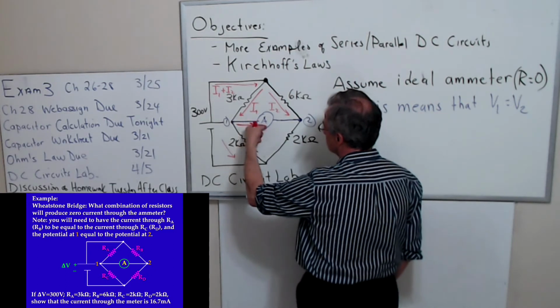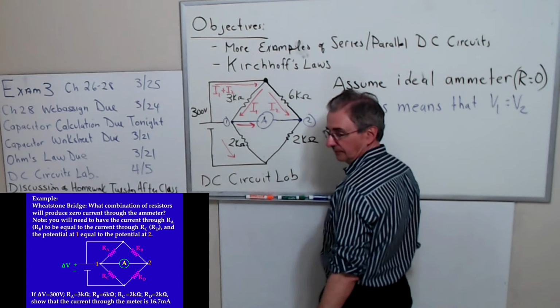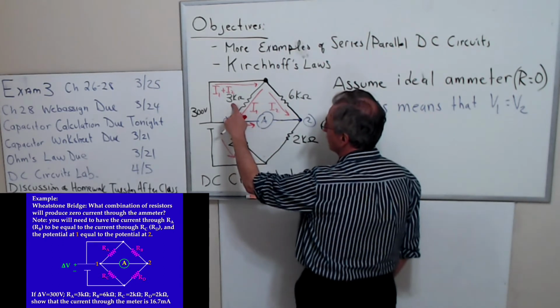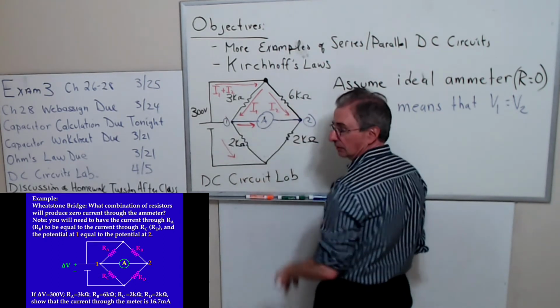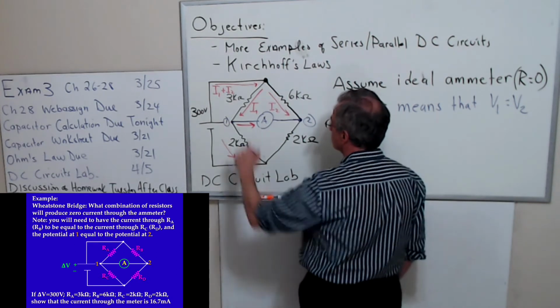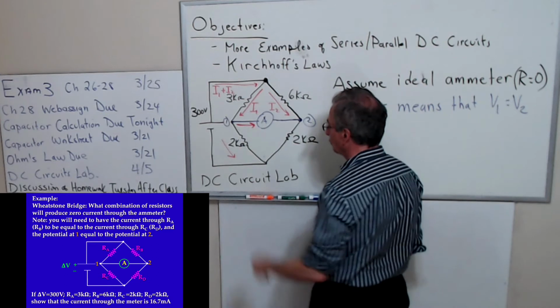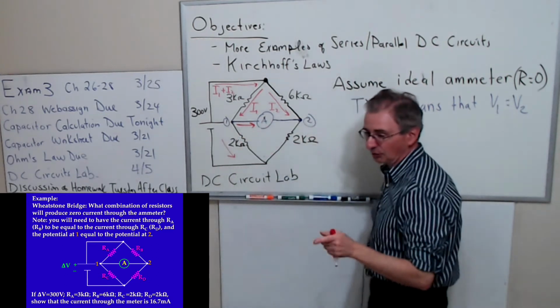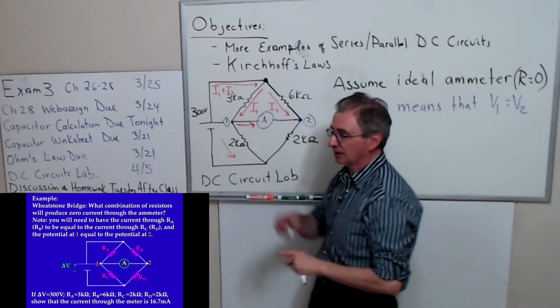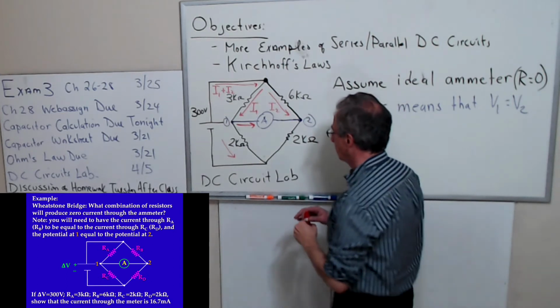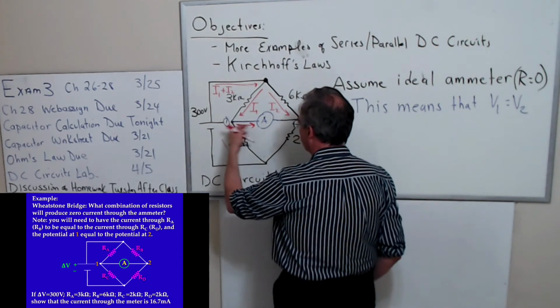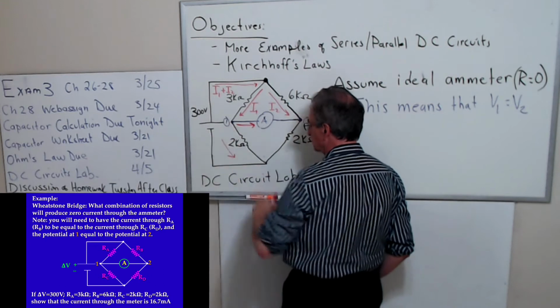The current's got to go this way, because there's going to be more current here because the resistance here is lower than here. All right, this voltage and this voltage are the same. So we can already use our intuition to say that the current's going to go in that direction. Okay? And so some of it will go this way, and then the rest will come down this way.